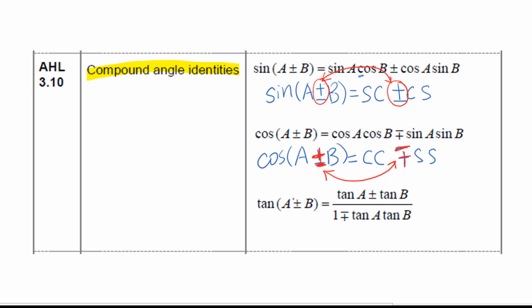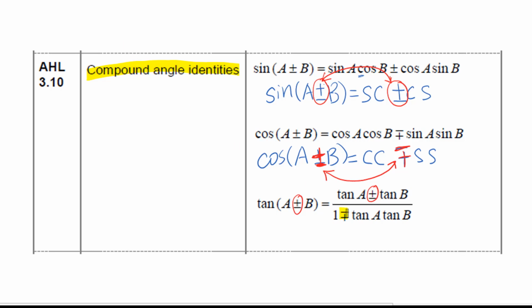For tangent A plus or minus B, you will get tangent A plus or minus tangent B. This is the same sign as this. For the bottom, 1 minus or plus tangent A tangent B. Look at the sign.